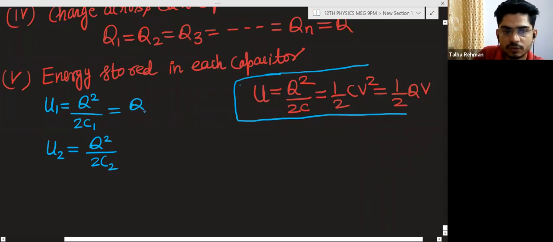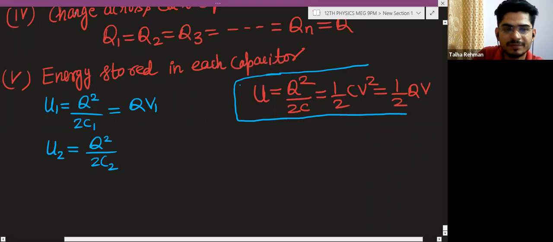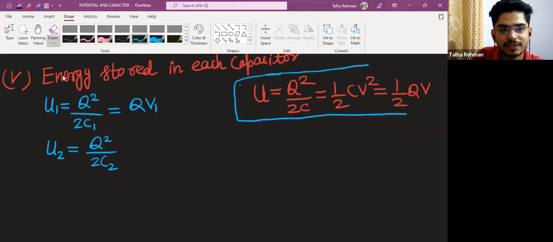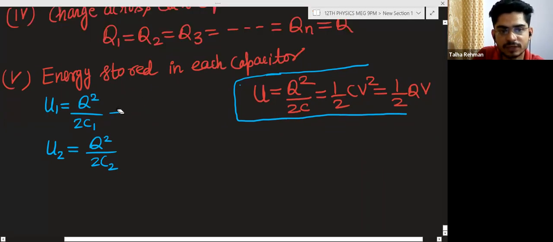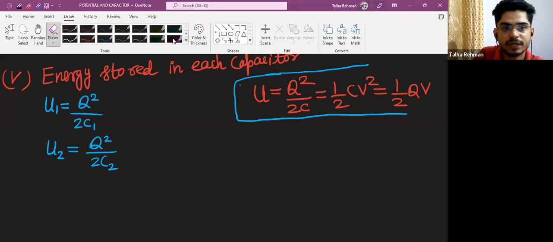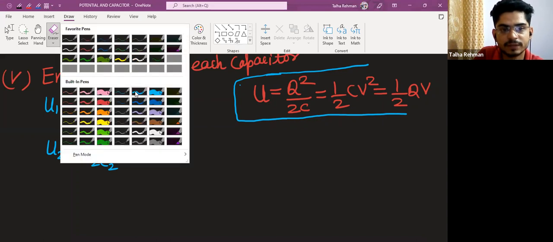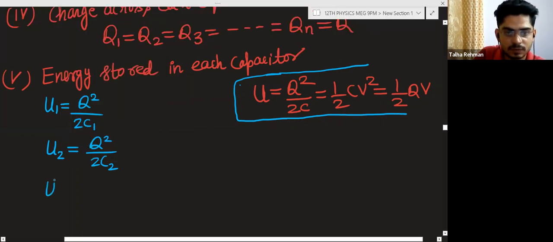Q1 is Q and V1 is V1. I'm just telling that you can calculate the energy in this way also. So accordingly, you can calculate the energy for nth capacitor. Charge is same.